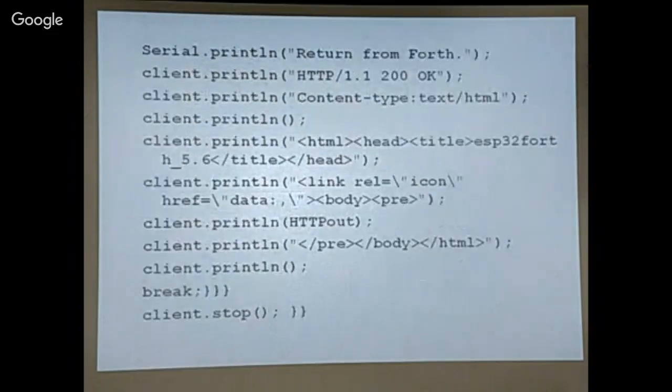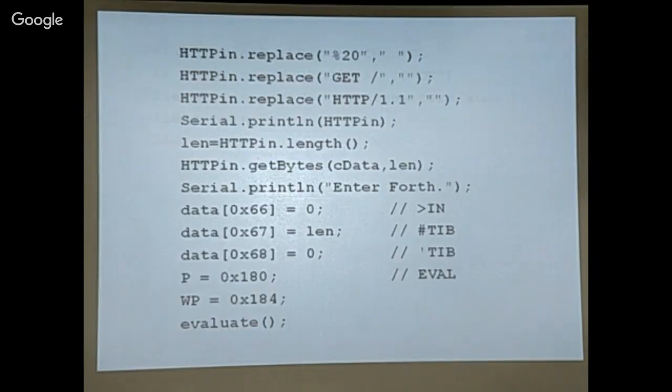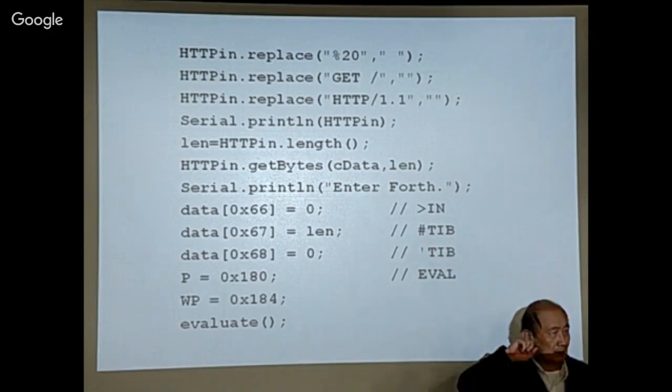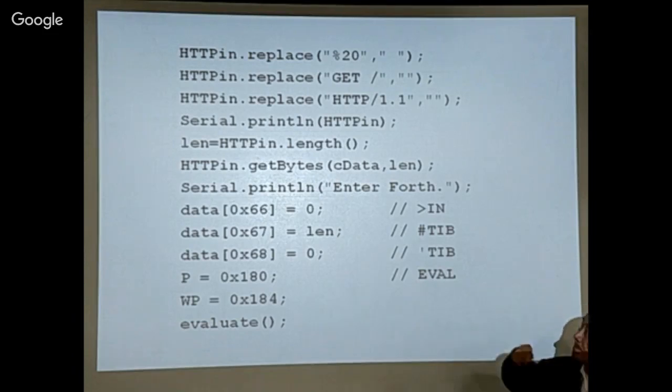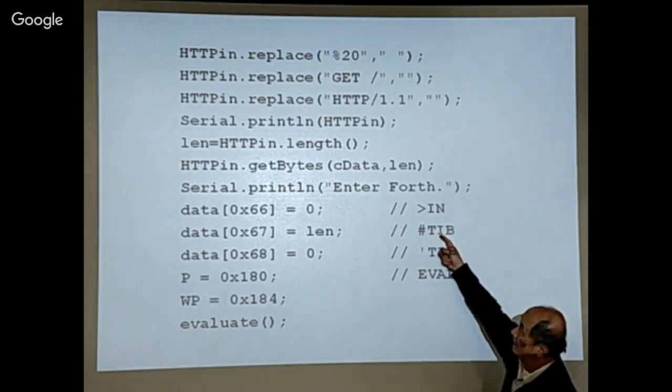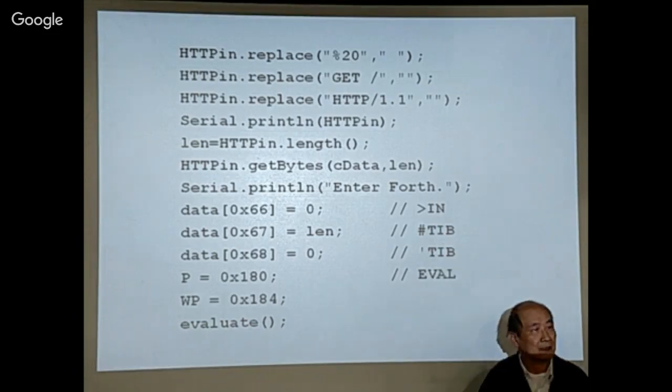How are you able to constrain where the TIB and the others are laid out in the memory space? Yes, there are three user variables in the user variable area, and this is where I store the address of the terminal input buffer, and the other one stores the number of characters.